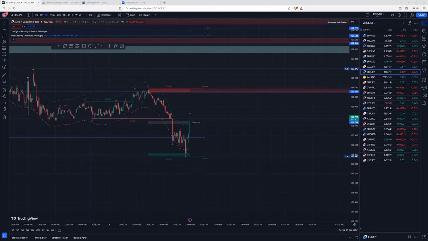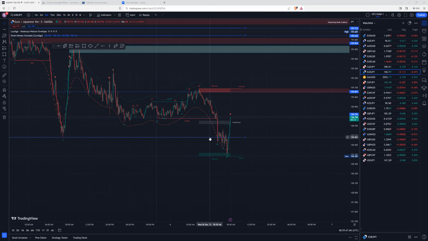Sell EURJPY at 57 and above for 15 minutes.